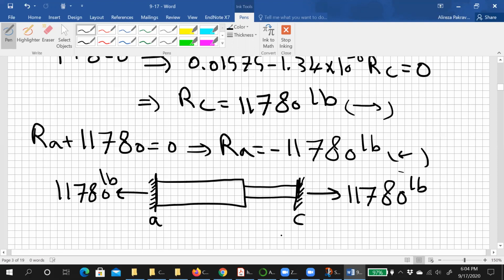Question? A question? Do you have an example where the reactions are not equal to each other?